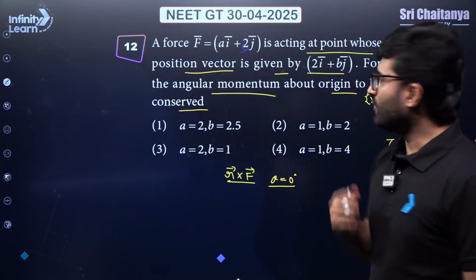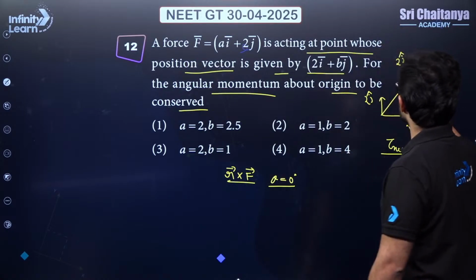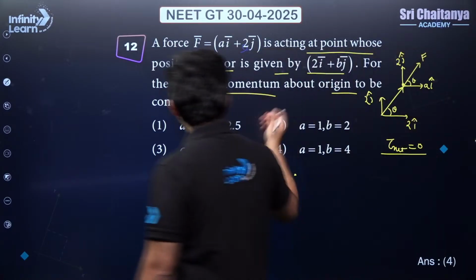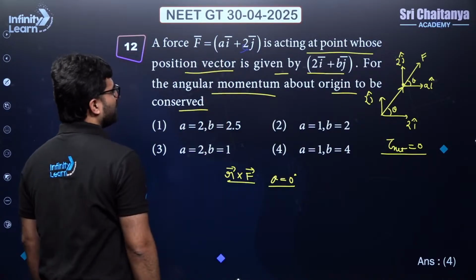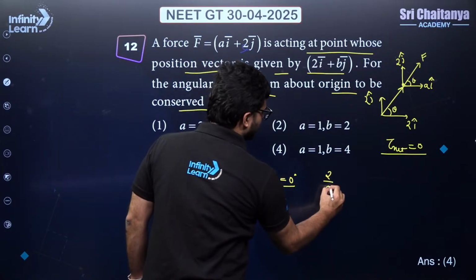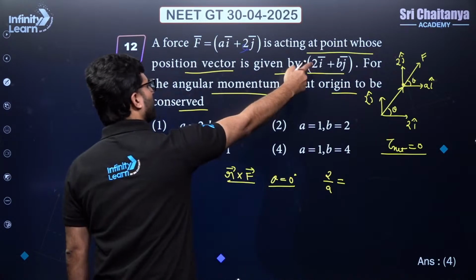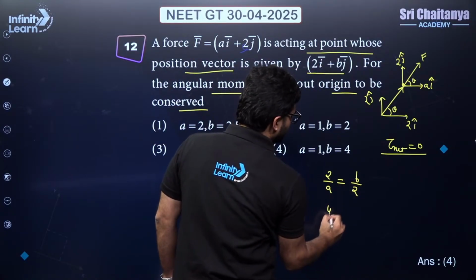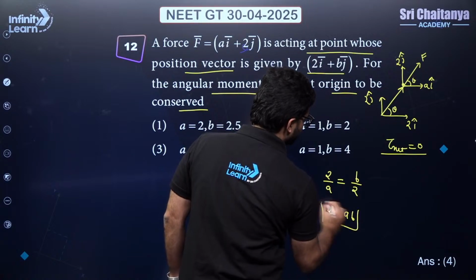And when can both of these vectors be parallel? When their slopes are the same. So the slope of this F vector is 2 by a, and that has to be equal to the slope of the position vector, which is b by 2, which means that 4 = ab.